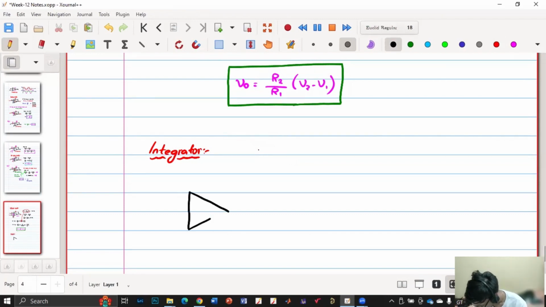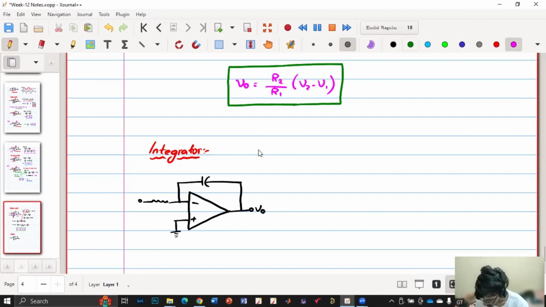So integrator is also like an inverting amplifier, but here we have a capacitor, and this is all grounded. Say this is my V naught, V in, this is R, and this is C. Again, say this is ideal.